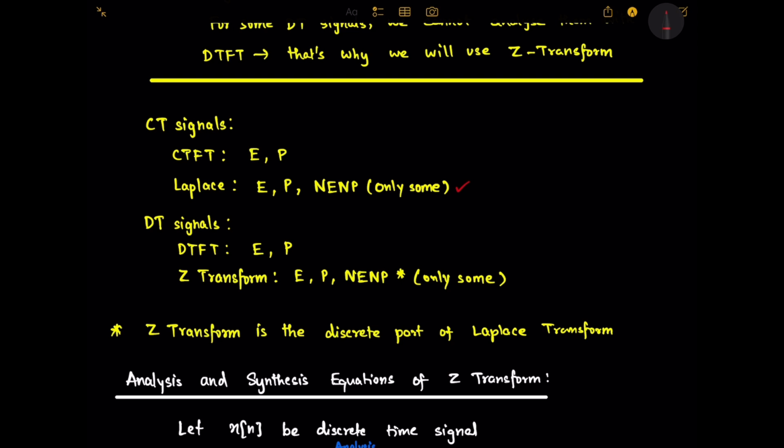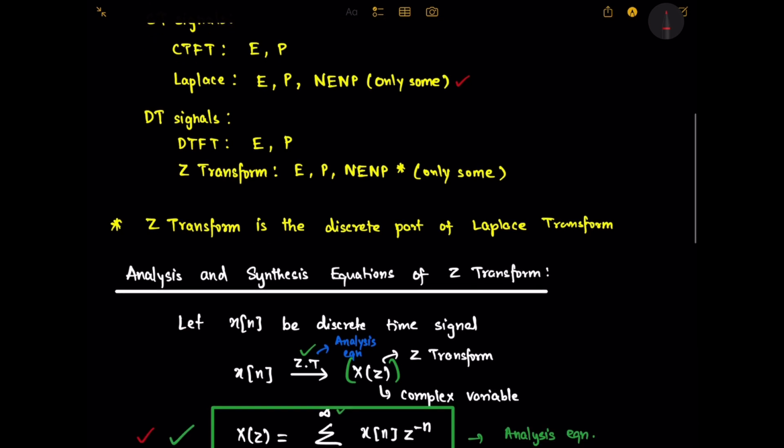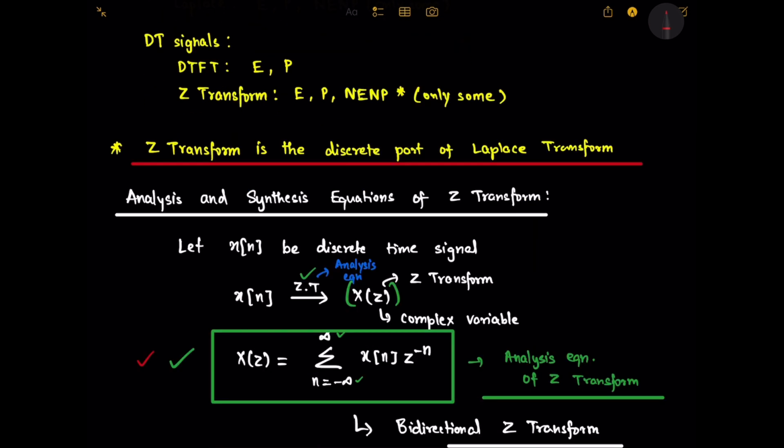Similarly, for DT signals, Z transform can be used for representing energy, power, and neither energy nor power signals. So Z transform is also called the discrete part of Laplace transform, because it is the discrete representation and is analogous to Laplace transform.